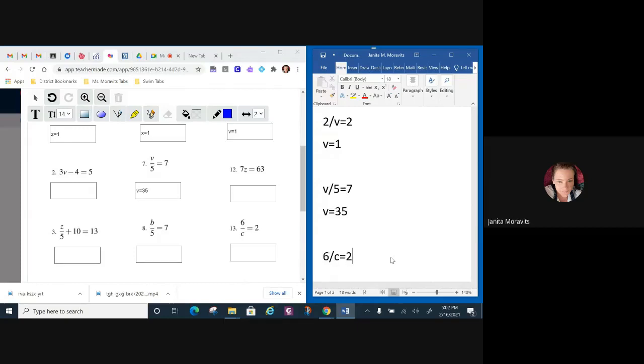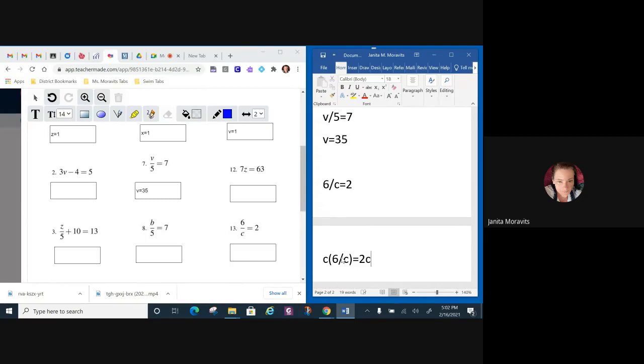All right. Now remember, over here we were dividing by C. So if we say C times 6 divided by C equals 2. Now, we multiplied times C on the one side, so we're going to have to multiply the 2 times C as well.